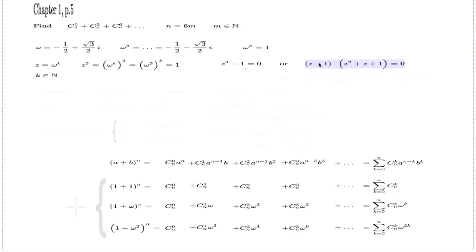Now, if I substitute back what omega was, and what my z was, here it is. If I substitute this into my factorization, I will end up with this. And now I can analyze this expression. So we got two brackets, which multiplied together give 0, which means either of them is 0.